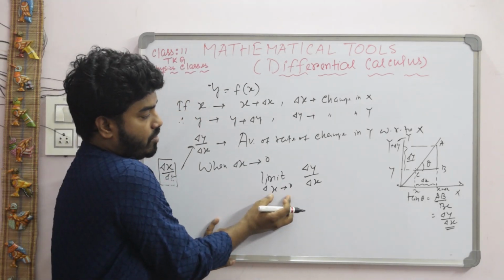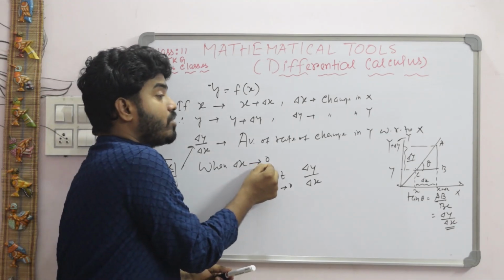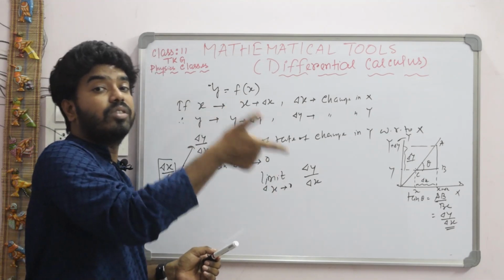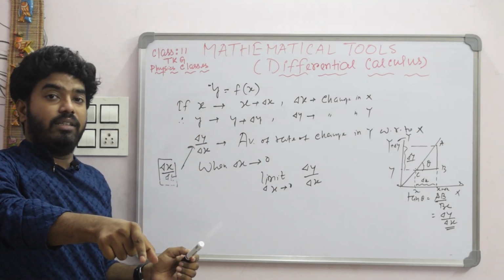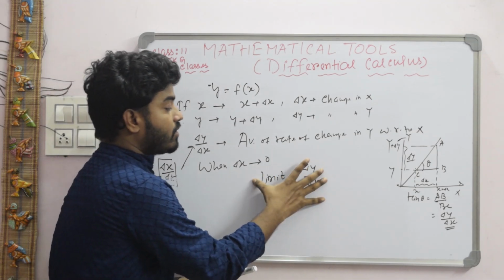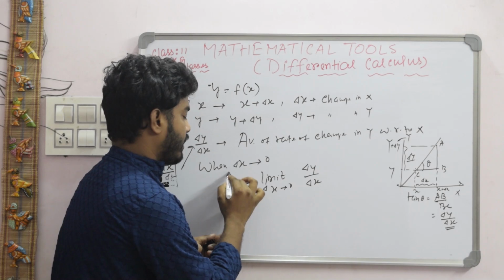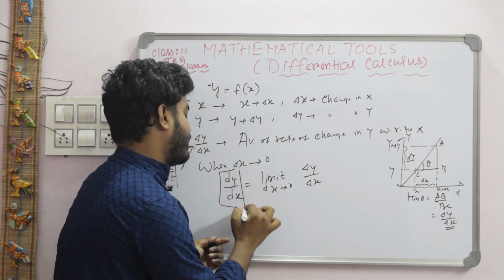When the change of x tends to 0, then what will be the change of y? This is called dy by dx.